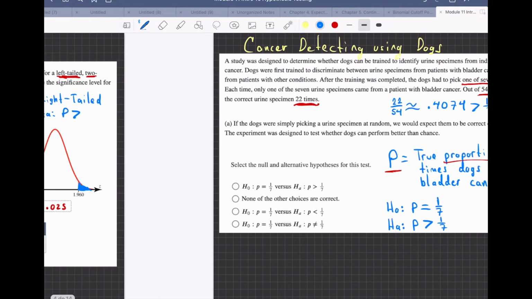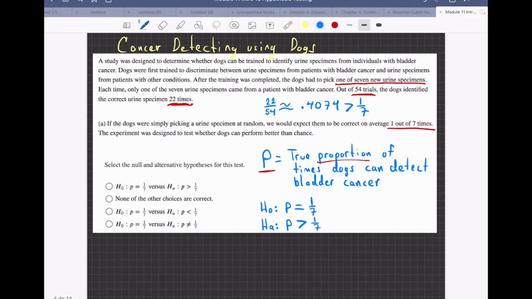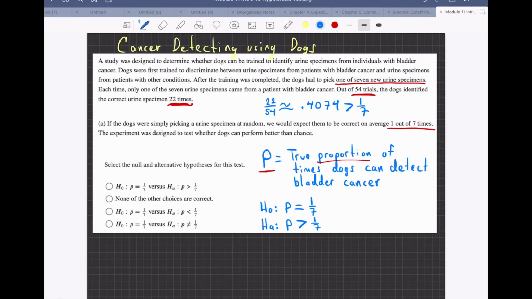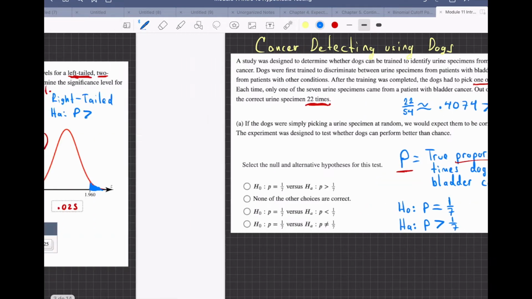So there you have it. Then, level of significance. I think it doesn't say here what the level of significance is. Well, if it doesn't say, then use alpha equal to 0.05. Level of significance. That okay?